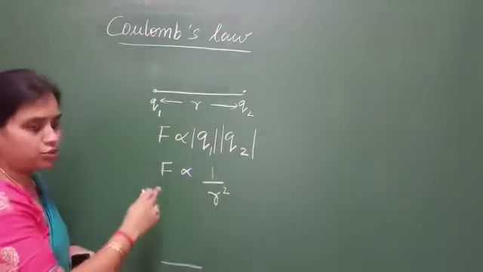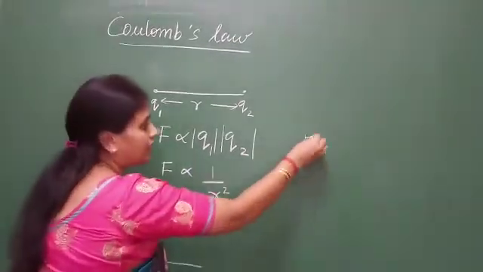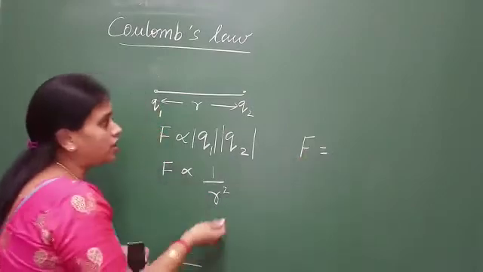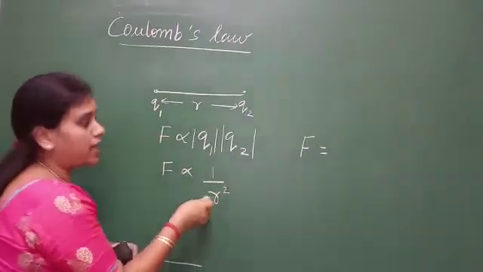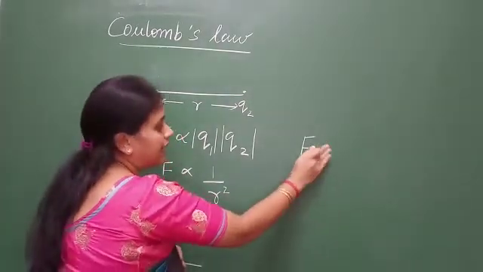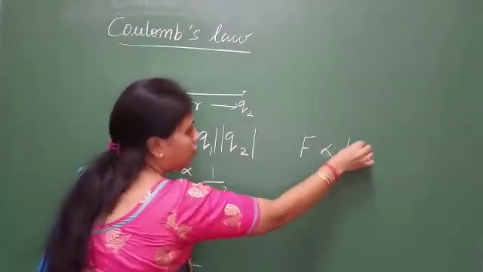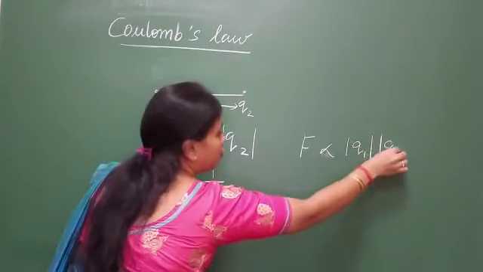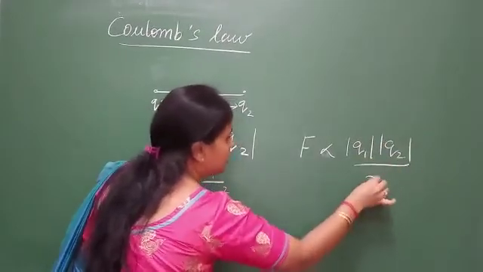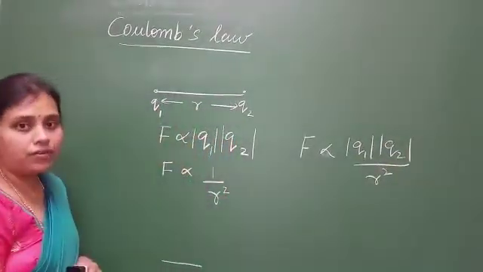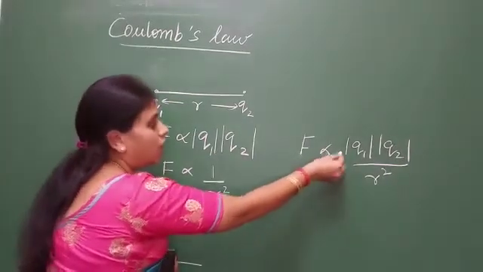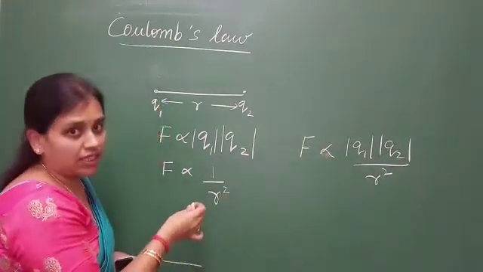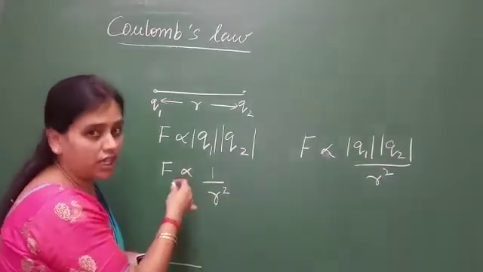So compiling the two, we can write that the force exerted on Q1 due to Q2, or Q2 due to Q1, is F directly proportional to mod of Q1 into mod of Q2 and inversely proportional to the square of the separation between the two charges. In every study, a proportionality constant should be introduced to remove the proportionality.